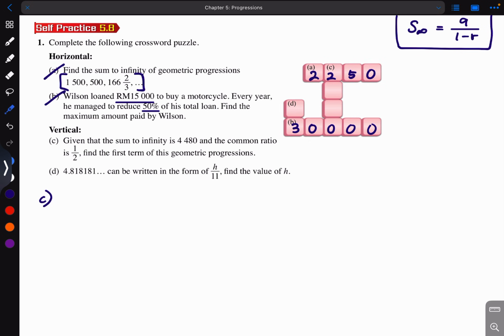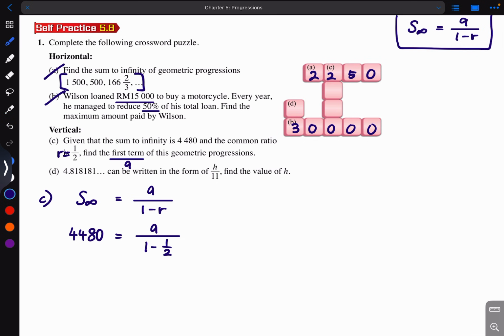Given that sum to infinity is this much, common ratio is r, so r is 1 over 2. Find the first term. So they want us to find a. So S infinity is a over 1 minus r. We know S infinity is this one, so 4480. a we don't know. r we know. So this whole thing brought here becomes times.